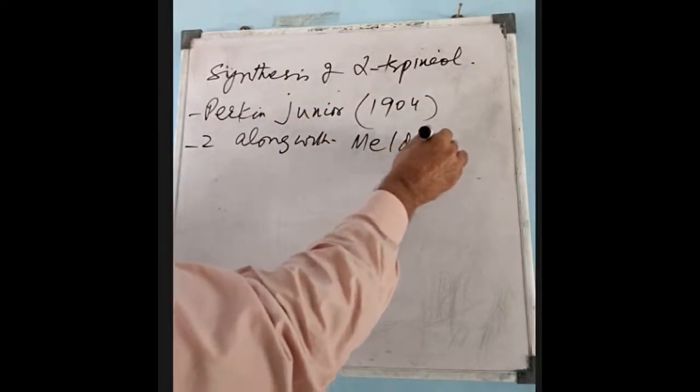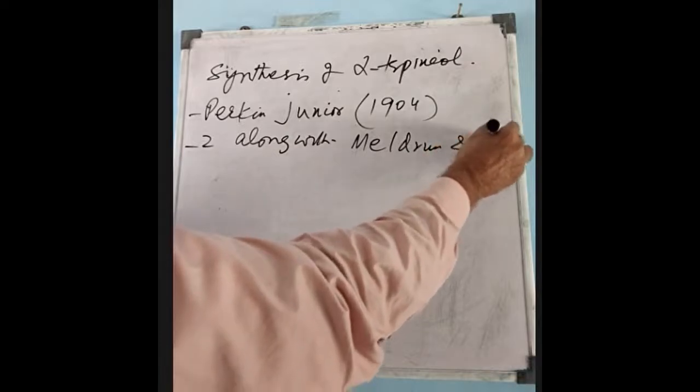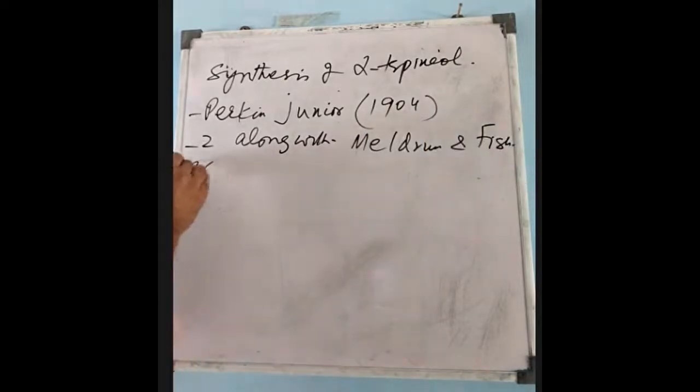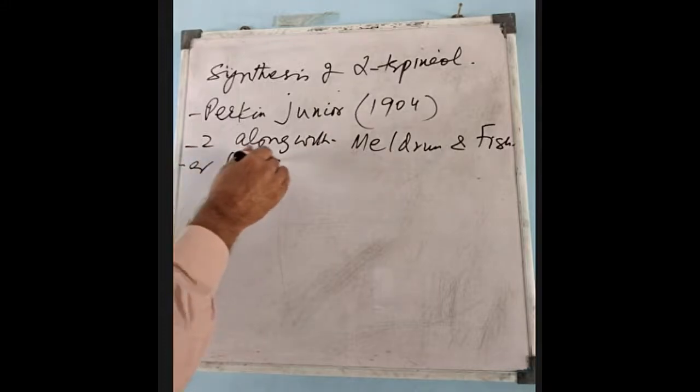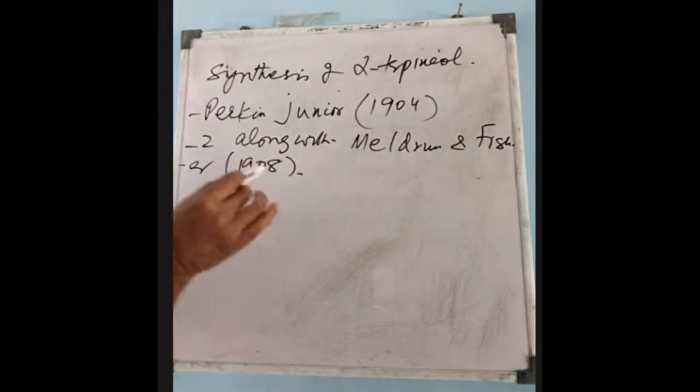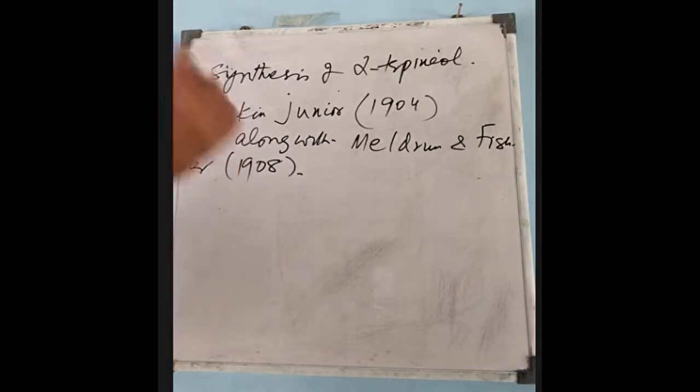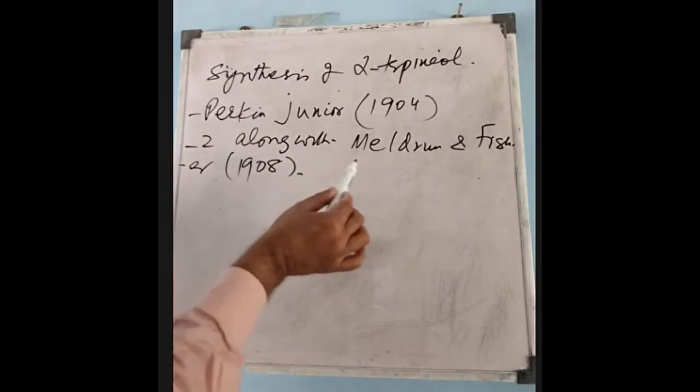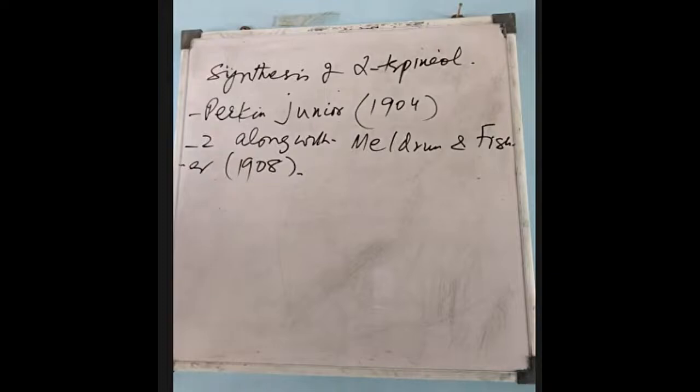They proposed another synthesis. Now we are doing the synthesis given by Perkin Jr. plus Meldrum and Fisher, which was proposed in 1908.